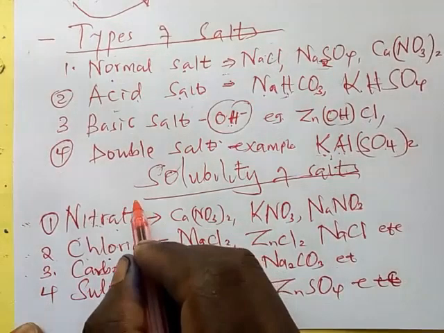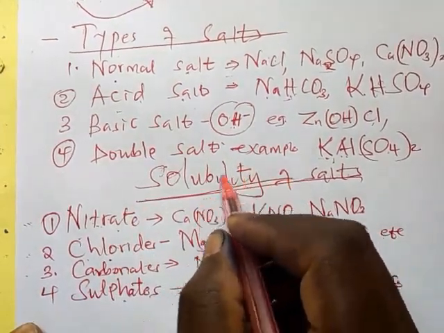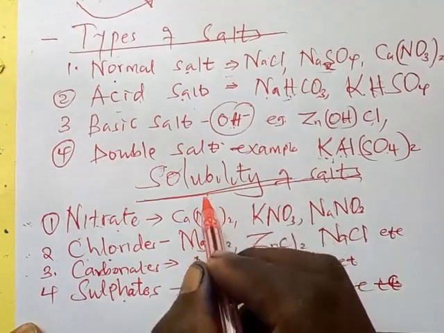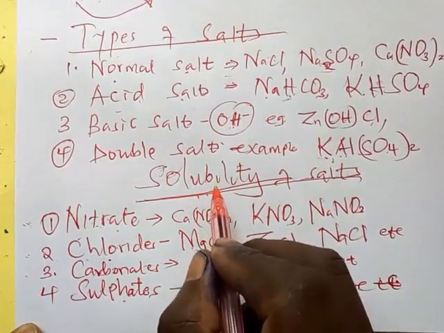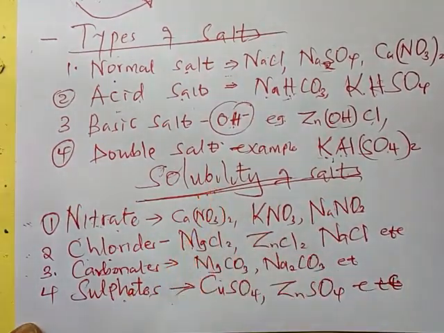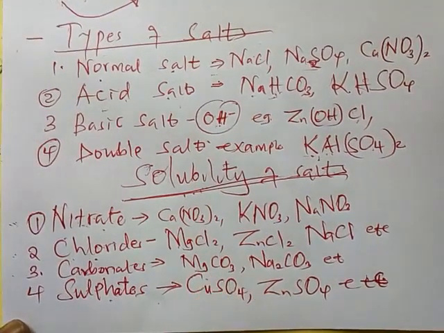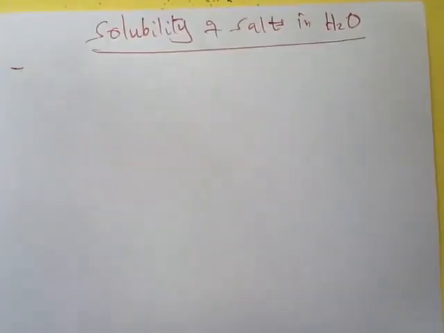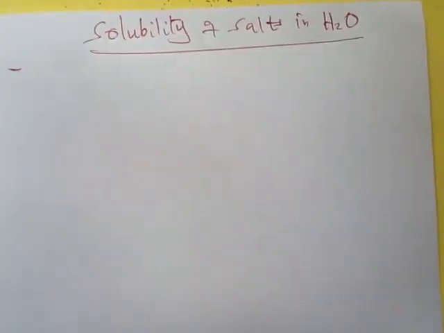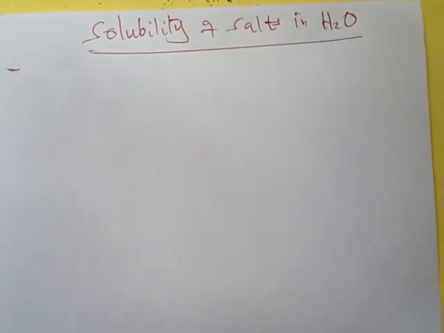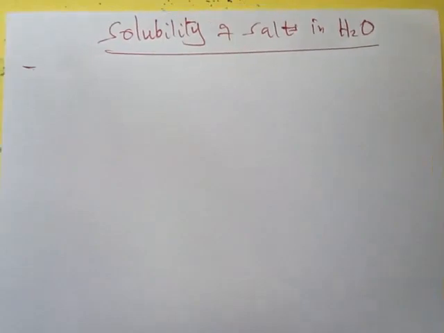Now we will go straight away and see the salts which are soluble in water and those that are not soluble in water. Very important in practicals and answering general questions in chemistry. The question is, are all these salts we have mentioned soluble in water? No, not all of them are soluble in water.